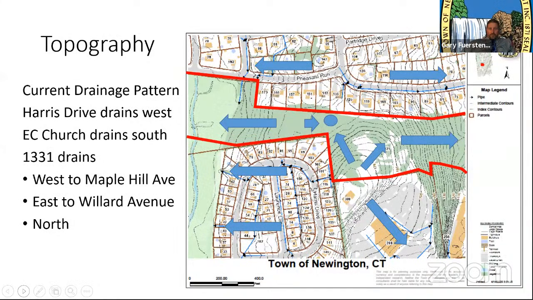Once this bowl fills up here, then the water drains across the private properties here, like 135, 125, 119. Again, you can see the drainage pattern here in Harris Drive. It all drains to the west. It's a fairly extensive drainage network, like I'd mentioned. You can see the contours here at the church property. They virtually all drain to the south.